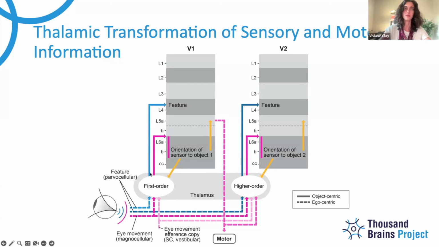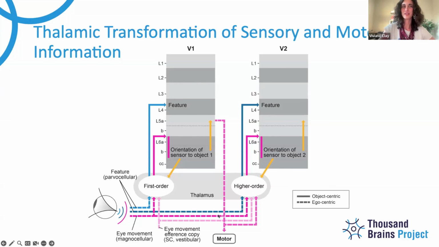And essentially the thalamus would be acting as a multiplexer, mapping one orientation to another orientation, depending on which input it receives from layer 6B. Does that make sense? Okay. Yeah, it's probably all pretty familiar to all of you right now because we talked about this so much already.